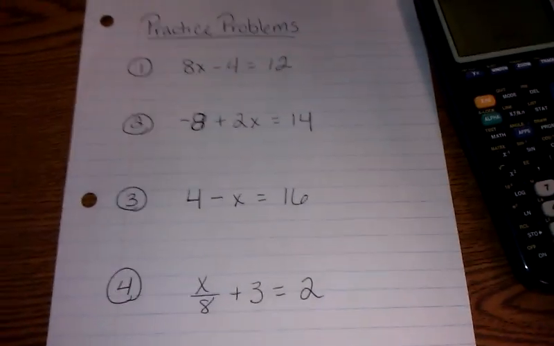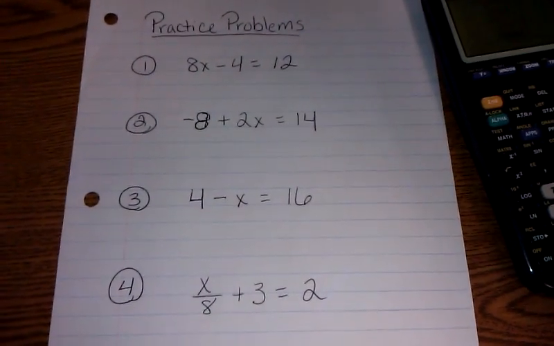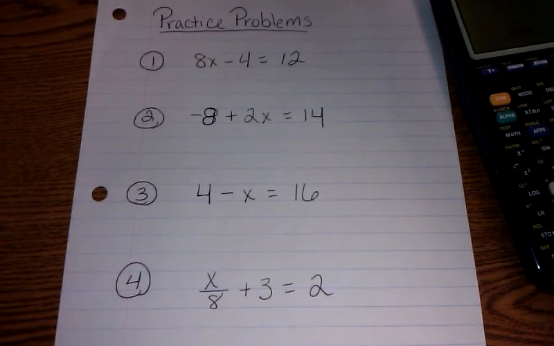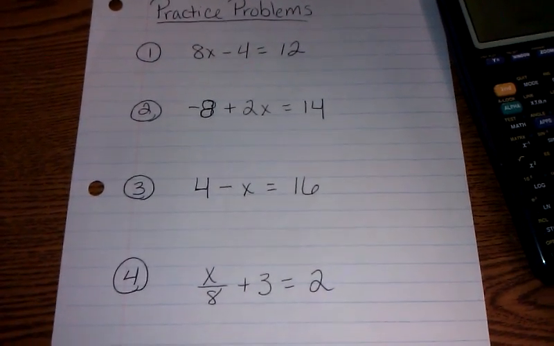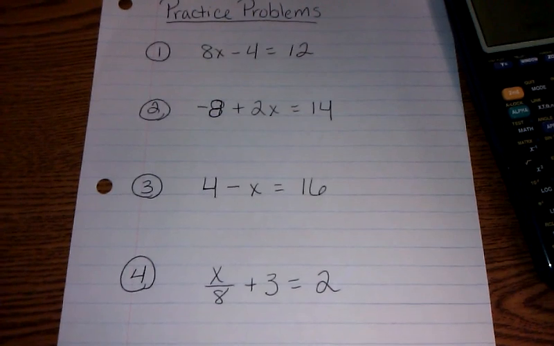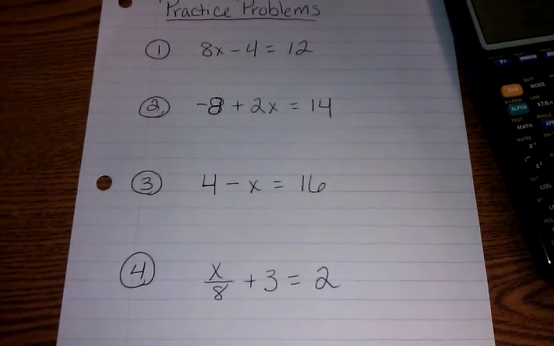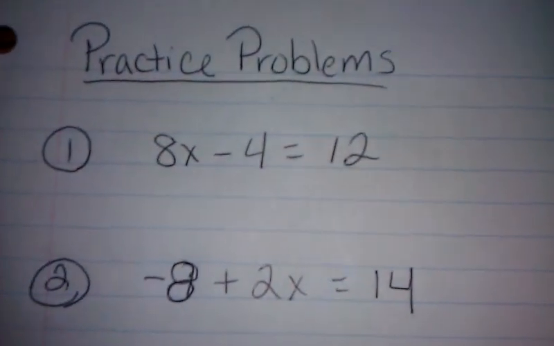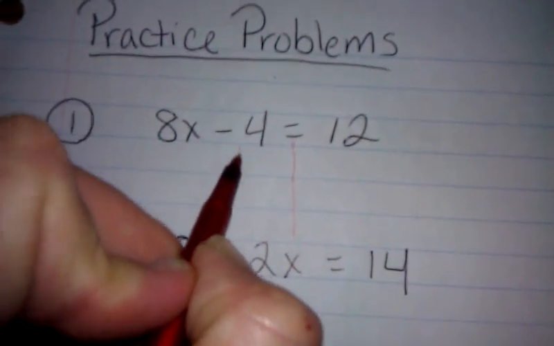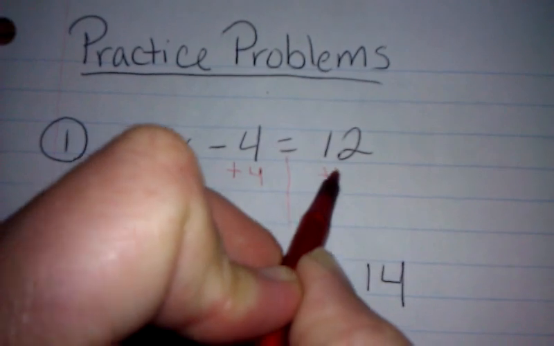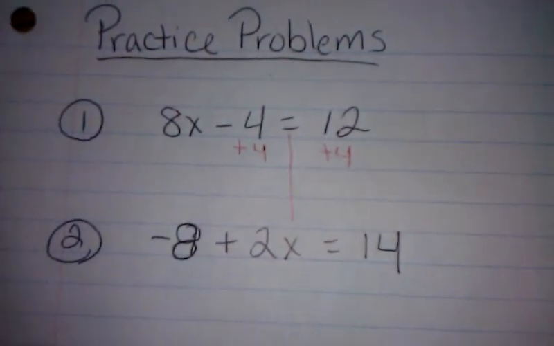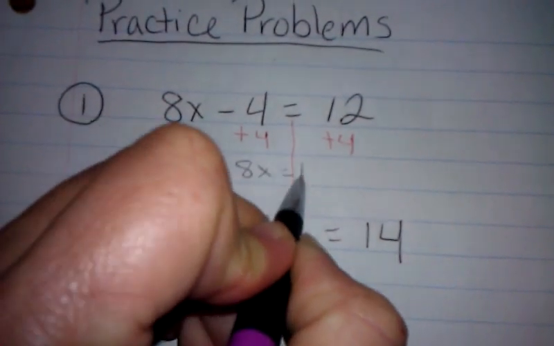Okay, here's some practice problems. You can pause the video and come back and see how you did on these 4 problems. On the first one, you would have added 4 to each side. You get 8x equals 16.